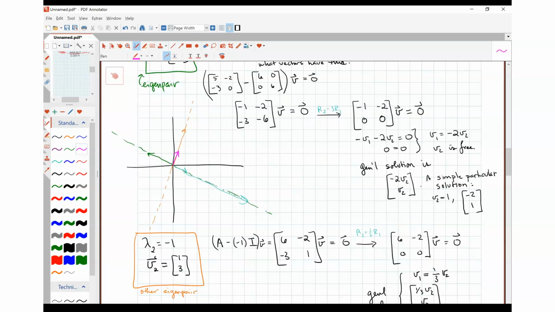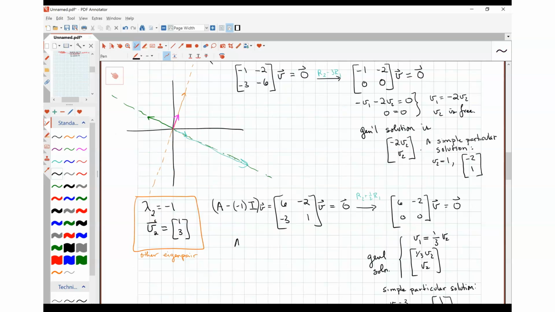The fact that this eigenvalue is -1 tells me that if I multiply A times v, I'm going to get -1 times v. Right? So that matrix is not going to take my little pink vector off of that orange line. It's just going to flip it to the other side. Same length, just pointed the opposite direction.